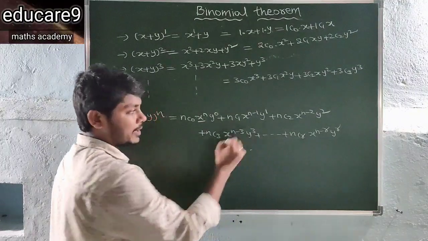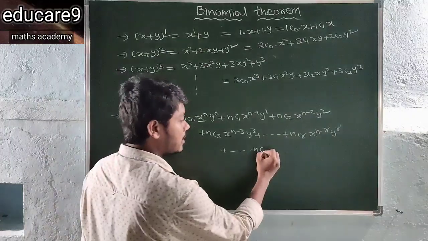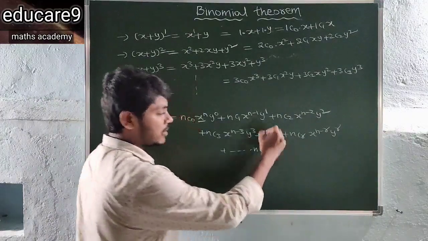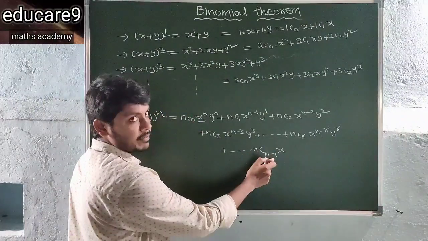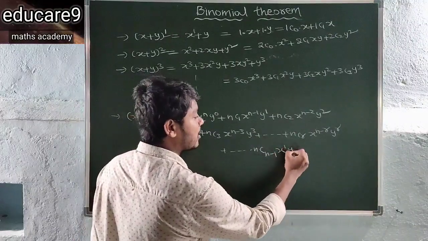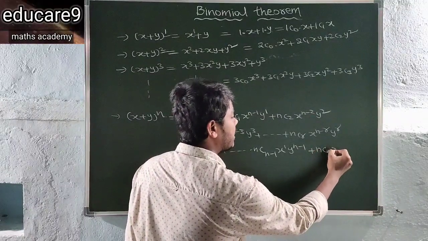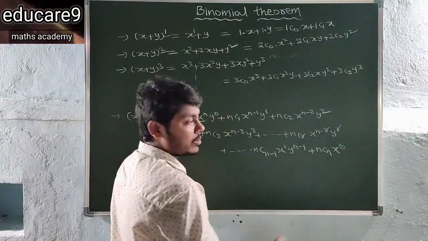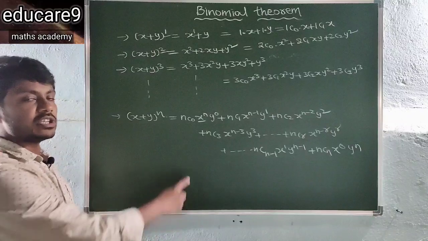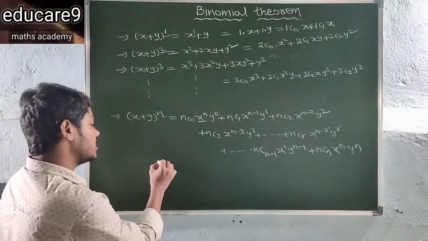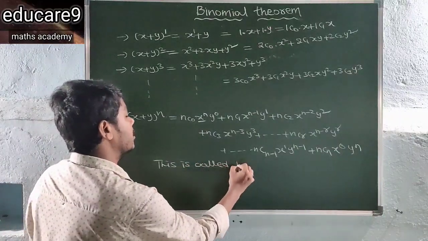So and so on. nC n minus 1, x to the power of n minus of n minus 1, you will get 1, y to the power of n minus 1. Next last term nCn x to the power of n minus n, that is 0, and y to the power of n. Okay. So clearly this is called as binomial theorem.